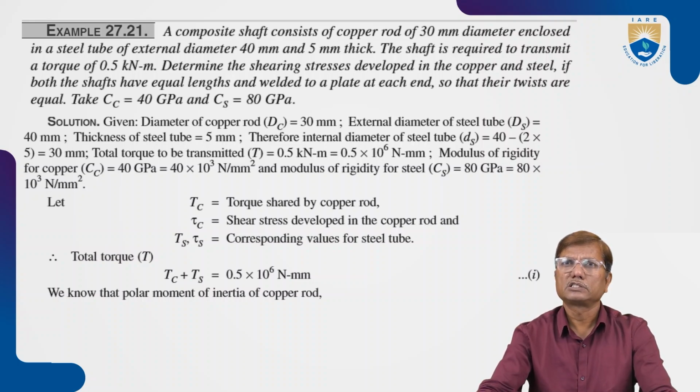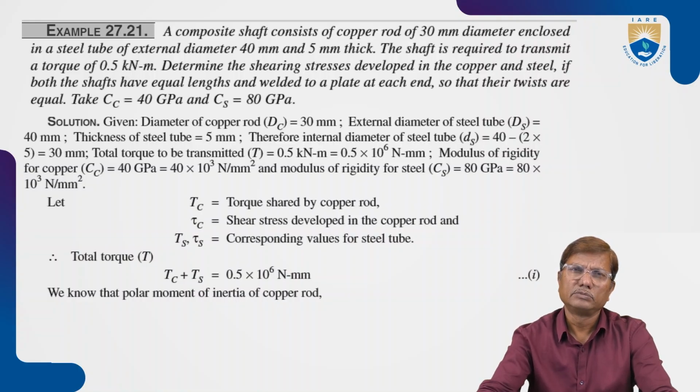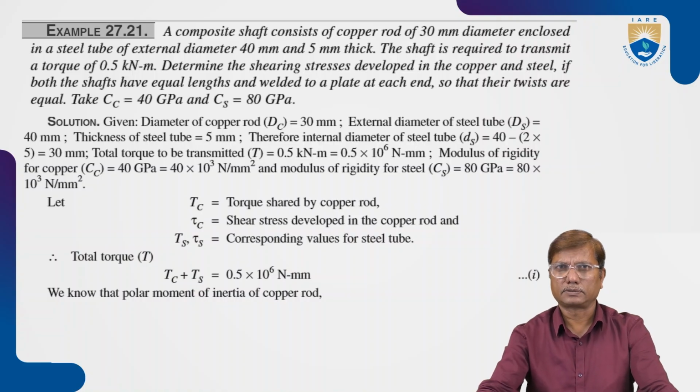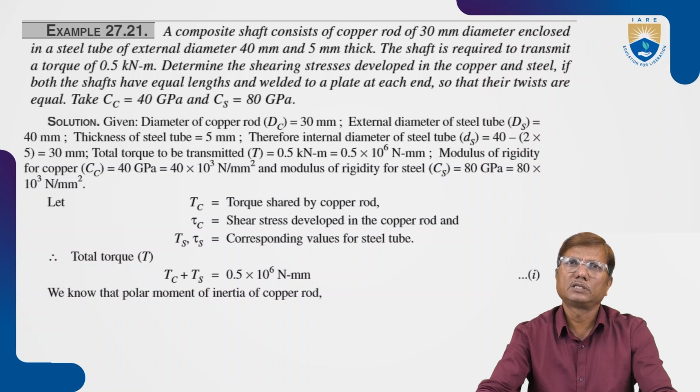Determine the shearing stresses developed in the copper and steel if both the shafts have equal lengths and are welded to a plate at each end so that their twists are equal. Here also the condition is given as twist is same for both, because the ends are welded to a plate at both the ends, and modulus of rigidity is given for copper as well as steel, 40 and 80 gigapascals.